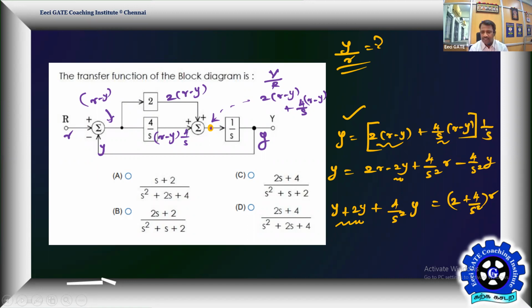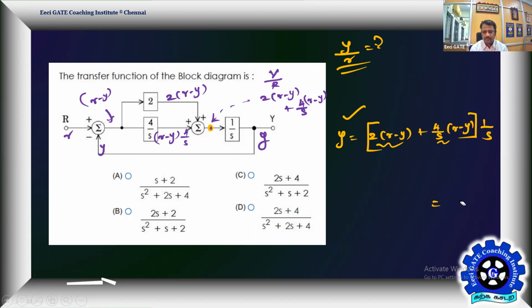I should multiply this by 1 by s. Yes, that's a small mistake. There is a small mistake, we'll correct it.